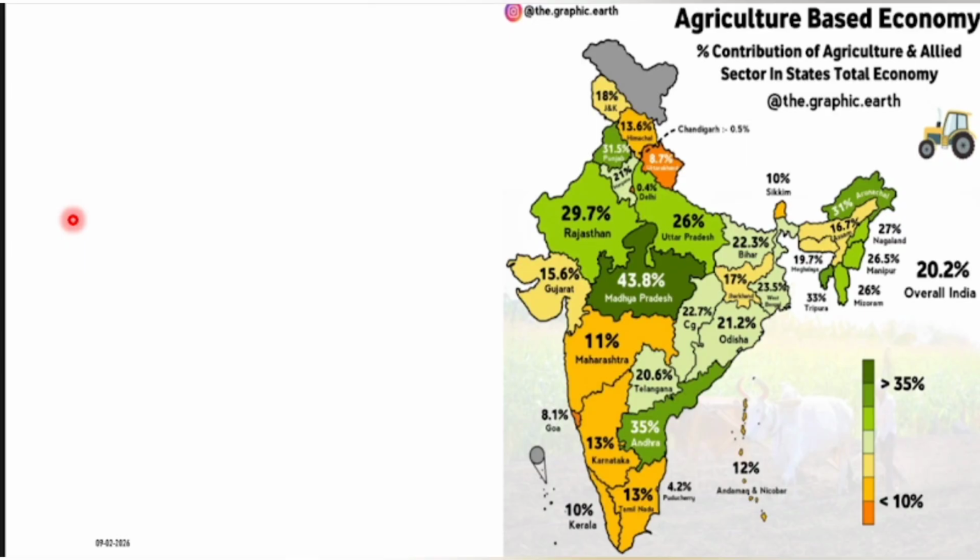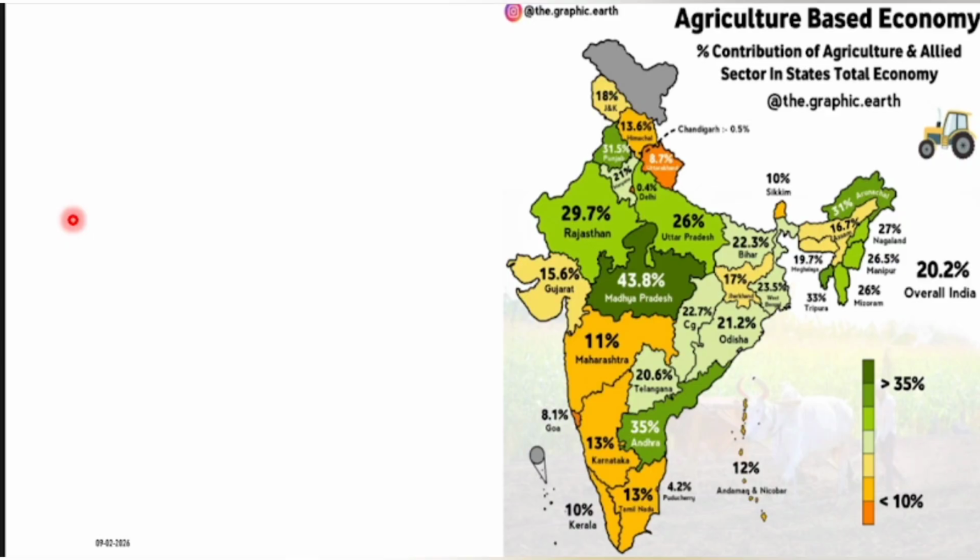Which state provides most of the agricultural output? Madhya Pradesh. Why? High amount of rainfall. Next one, Andhra Pradesh. Why? High rainfall is here. Now you check Rajasthan, 29.7. Sir, Rajasthan is providing 29.7% of agricultural output in India, which is much controversial.